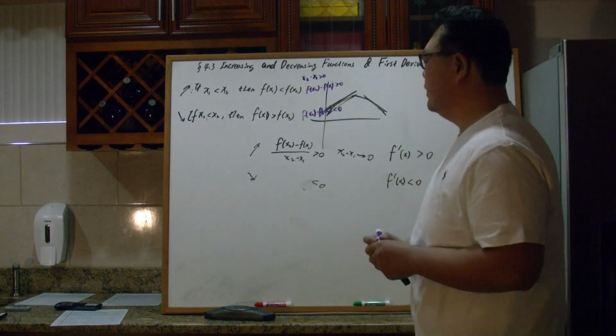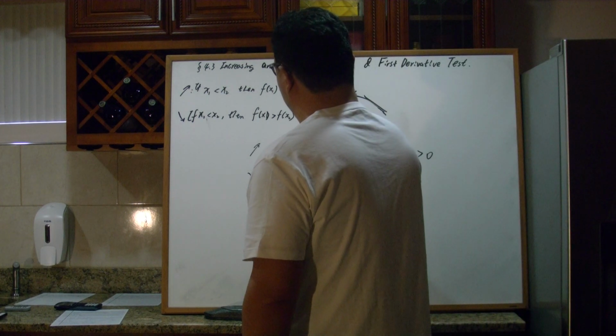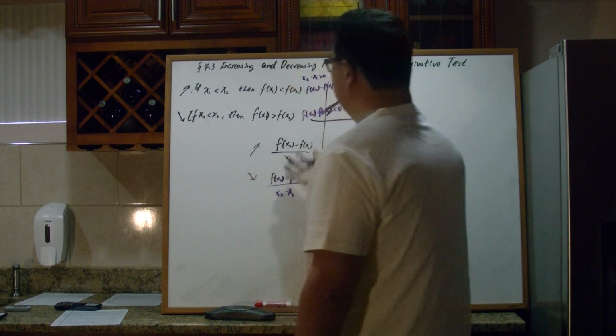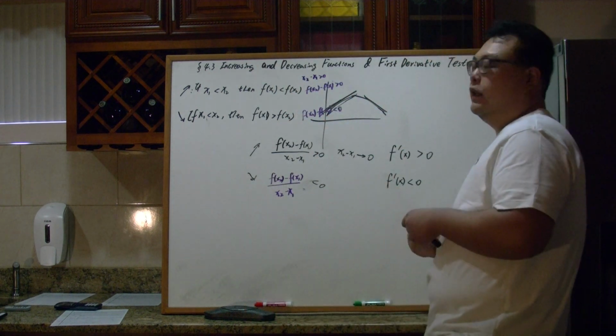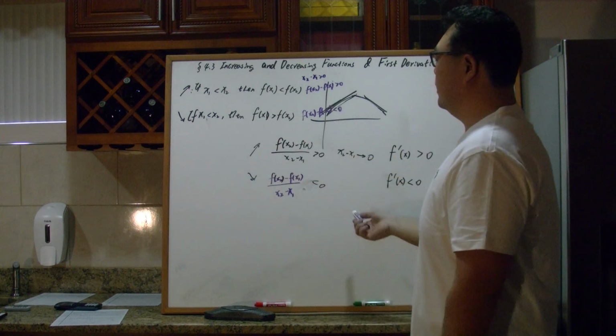Right, and the opposite in other words. So in the view of the secant line, for any x2 and x1, we get the difference quotient. It's positive for an increasing function and negative for a decreasing function.